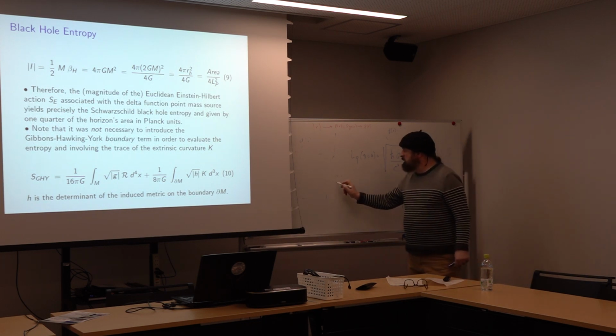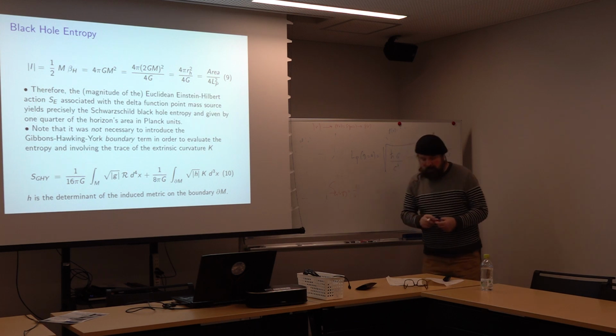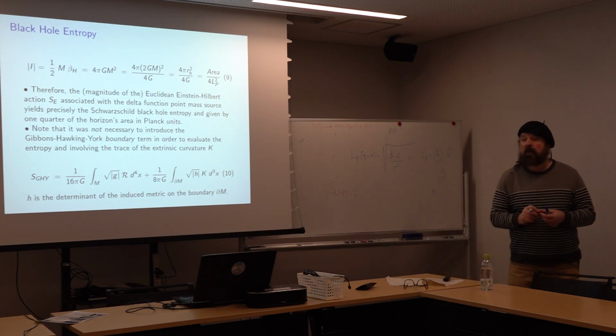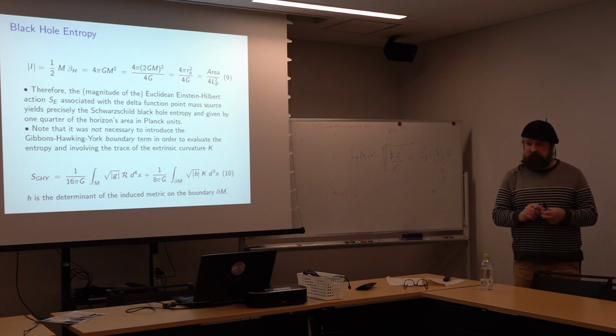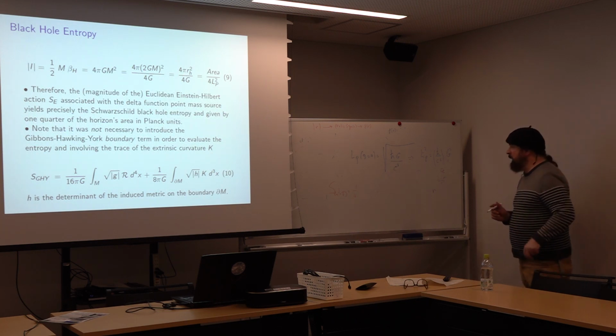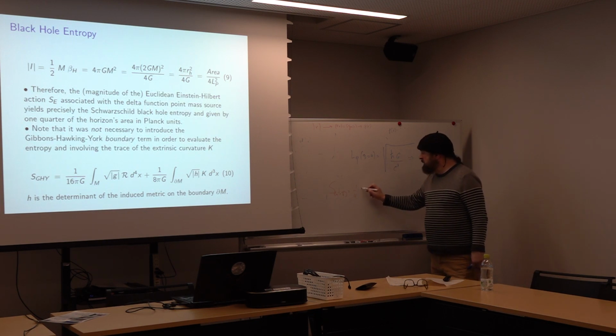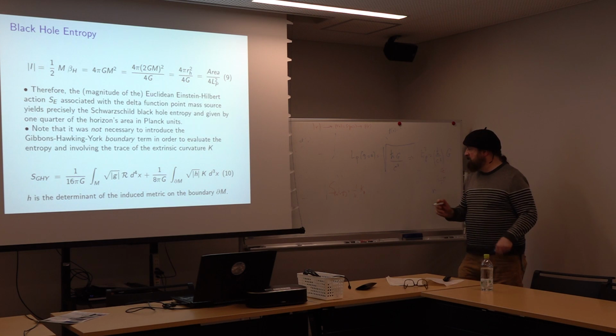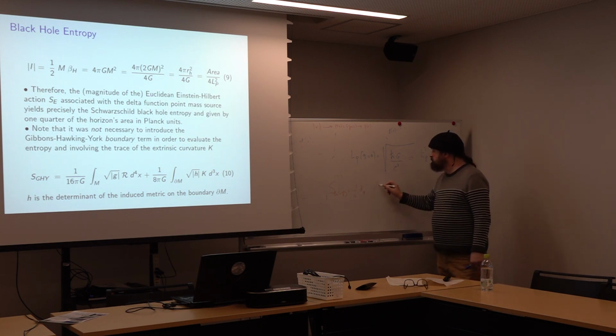So you're going to have that the entropy, there's going to be a factor of 1/4. And remember, the entropy has units of the Boltzmann constant. So you're going to have a factor of the Boltzmann constant here in front. And then on the right-hand side, you're going to have an area, and then you're going to have a Planck length squared.